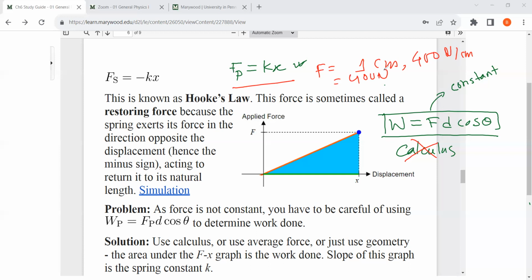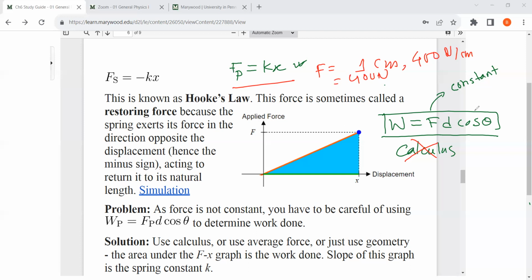Because of this, we cannot use our regular traditional equation for work done. We also cannot use calculus because many of you may not know calculus. So the method we are going to use is the graphical method. Graphical means geometrical method. First we plot a graph, and then we use geometry to determine the work done.